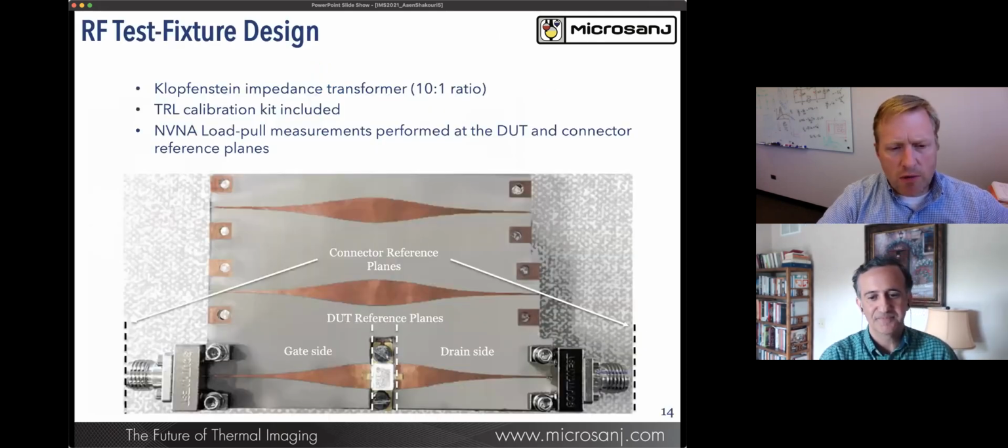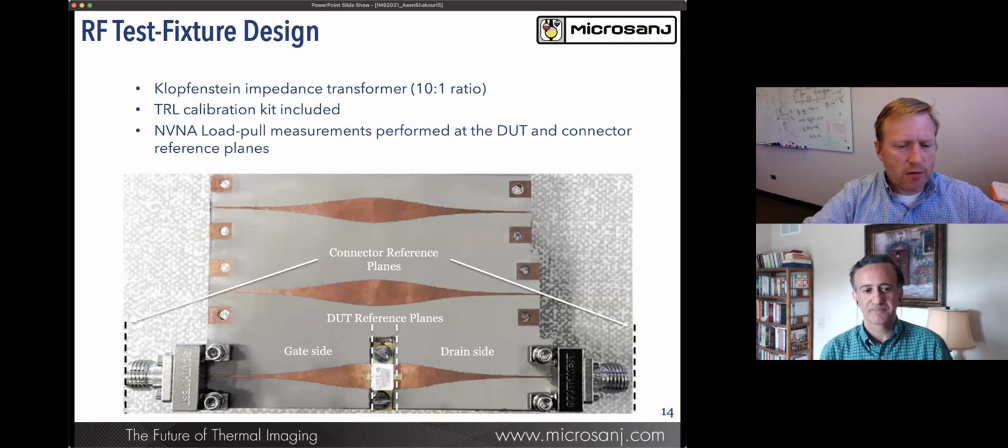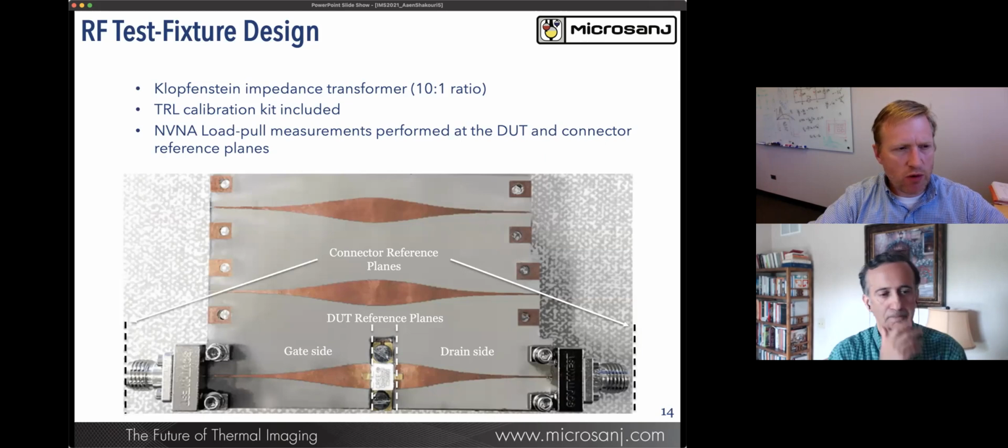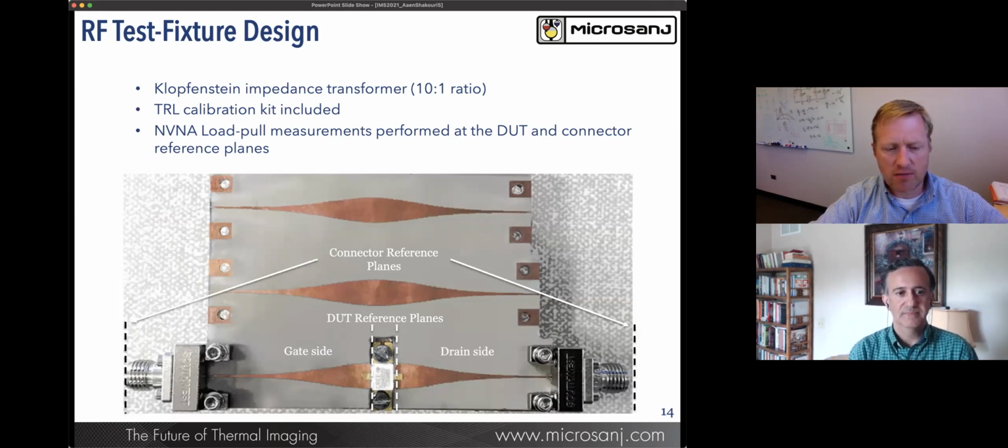So one of the things we were really interested to see is how these devices could be measured in a load pull system. What you're seeing here is some work where there's an impedance transformer designed with a TRL calibration, and what you can see on the bottom of the image is where the gallium nitride device and its package is inserted into the system.